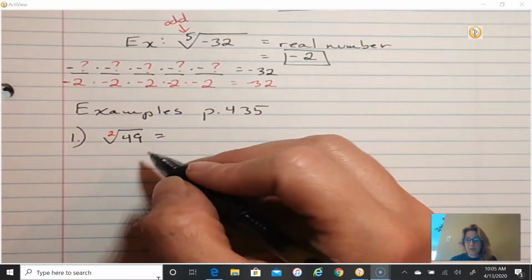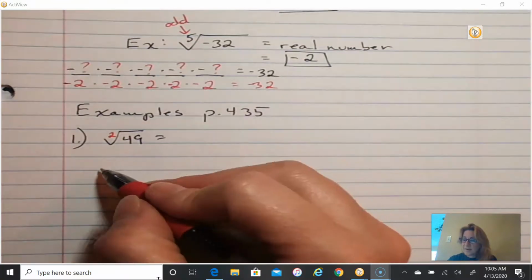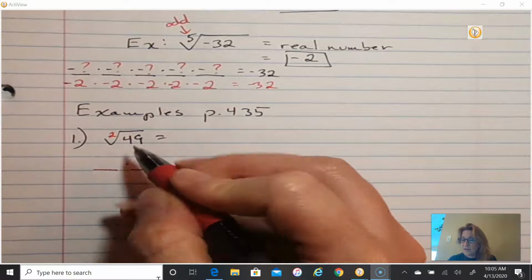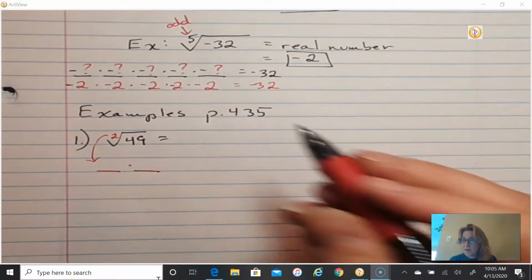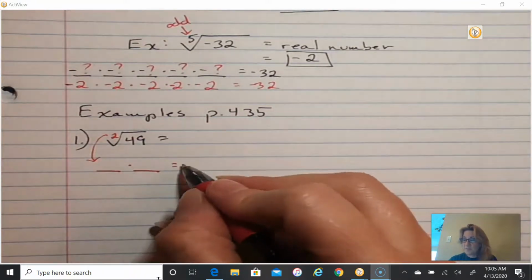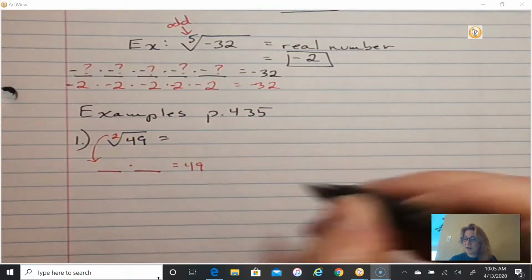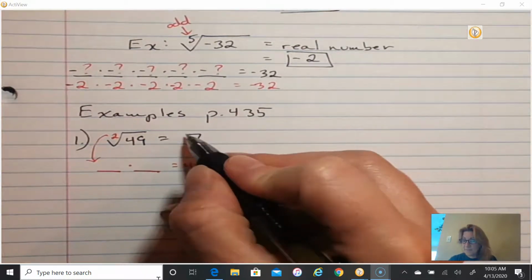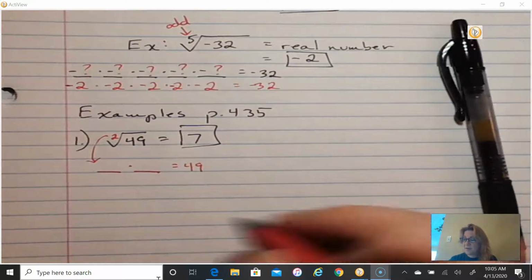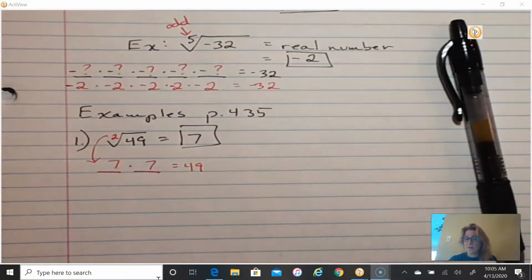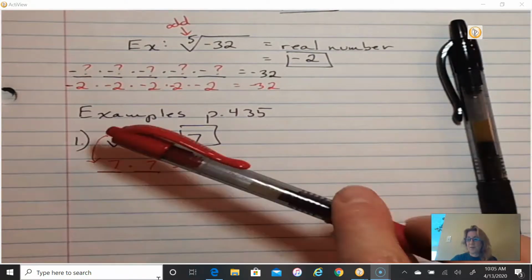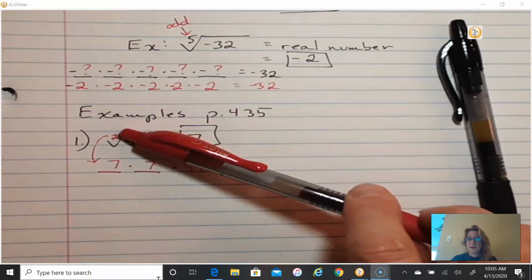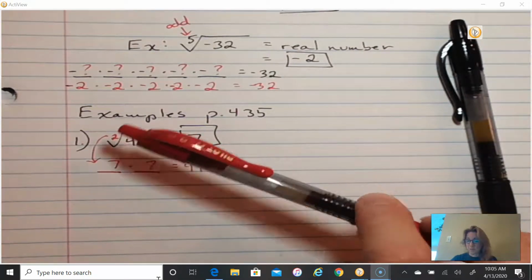In other words, what number times itself 2 times gives you 49? That's right, it's 7. Because 7 times 7 gives you 49. Okay, remember, that's a root. And if there's no number in there, then we pretend there's a 2.